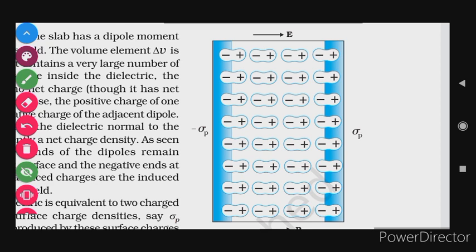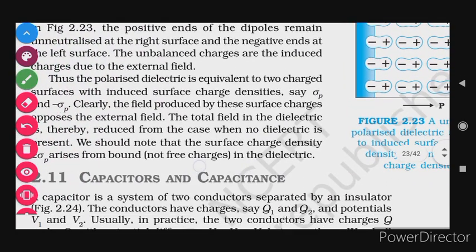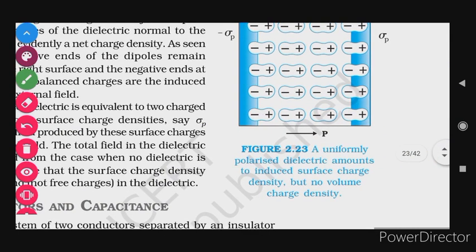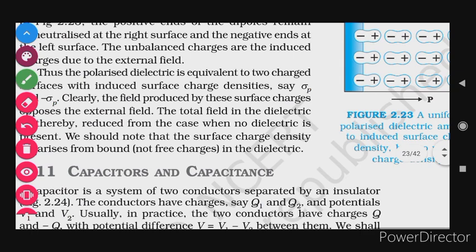It can be considered like this. Okay, and now clearly the field produced by these surface charges opposes the external field, there is no need to explain this. Okay, there will be an electric field because of this, positive to negative, and that will oppose the external field that is in the direction of this.